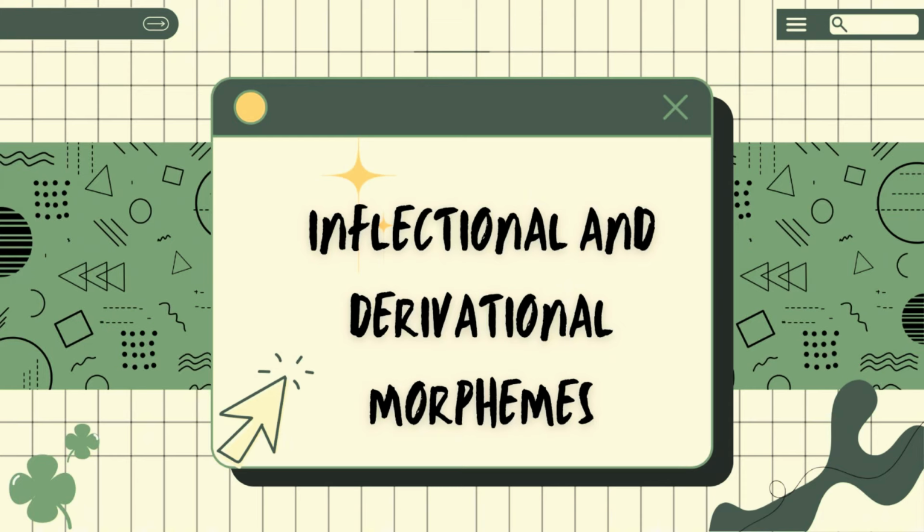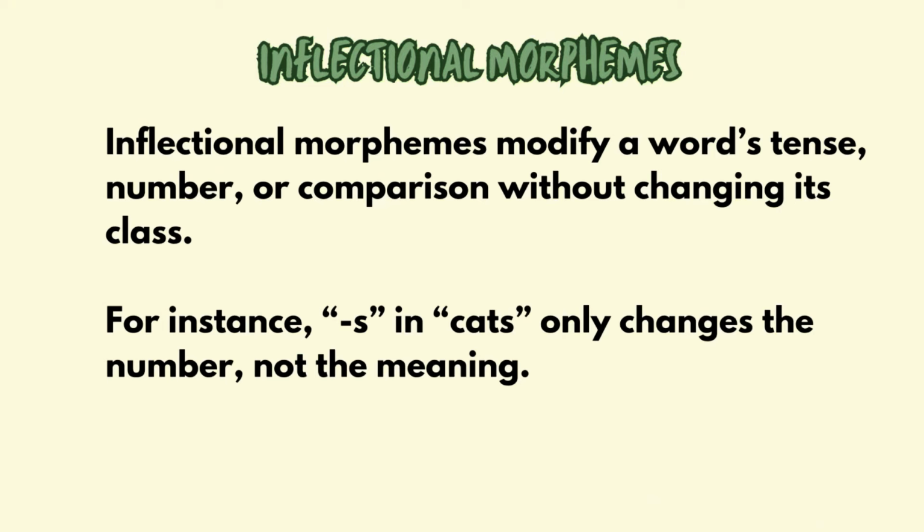Next, let us discuss inflectional and derivational morphemes. Inflectional morphemes modify a word's tense, number, and comparison without changing its class. For instance, -s in cats only changes the number, not the meaning.